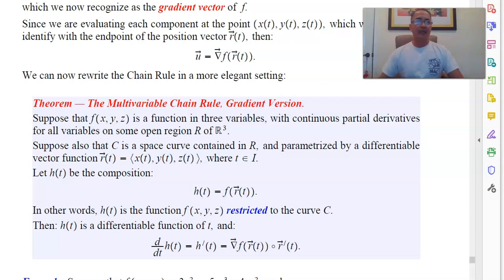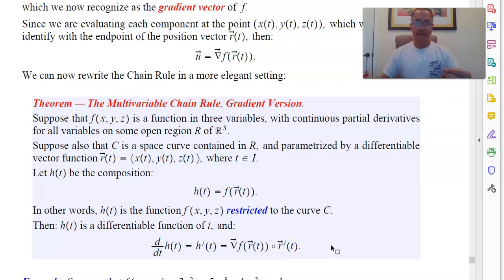So another way to think about it is that h of t is the function where you restrict it to the curve C, because instead of evaluating it in all of R, you only evaluate it on C. Then in this case, h of t is a differentiable function of t, and the derivative of h of t is the gradient of f evaluated at r of t, dot it with the derivative of r of t.